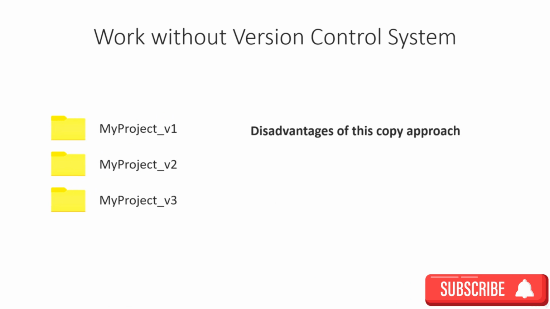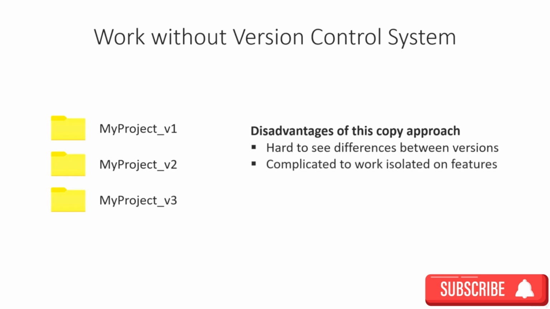This copy approach has also many disadvantages. It is hard to see the differences between the separate versions. It is complicated to work isolated on different features, and it is nearly impossible to work together with other developers by using that copy approach.